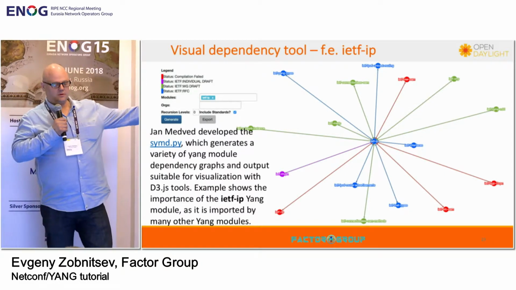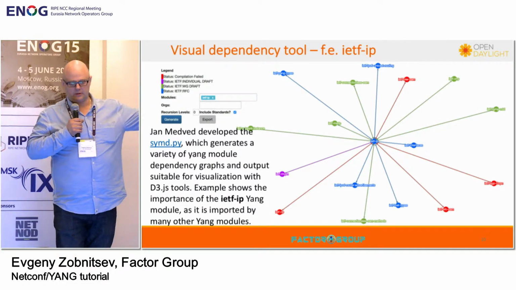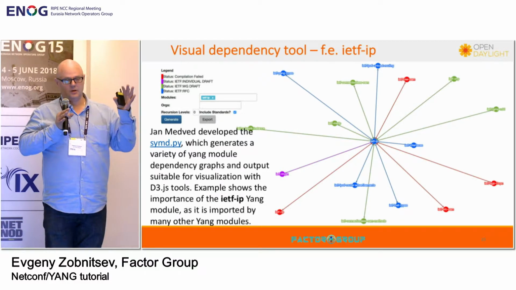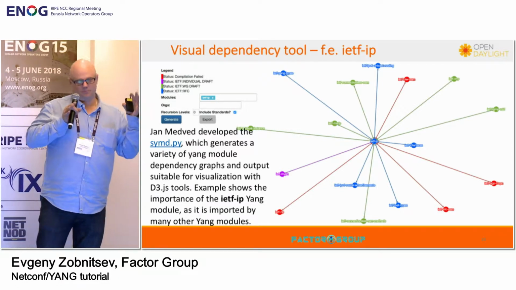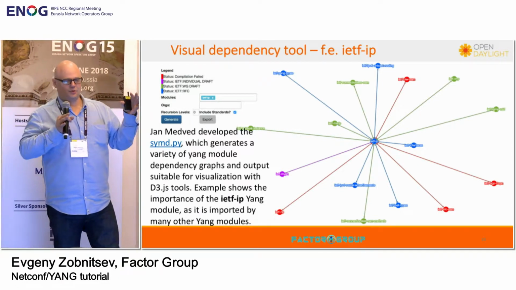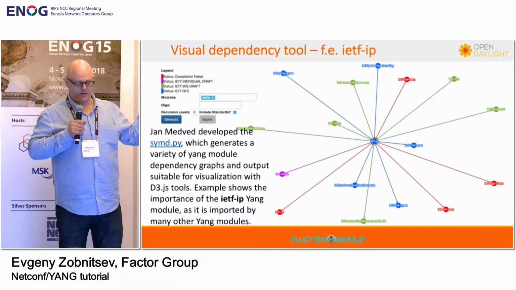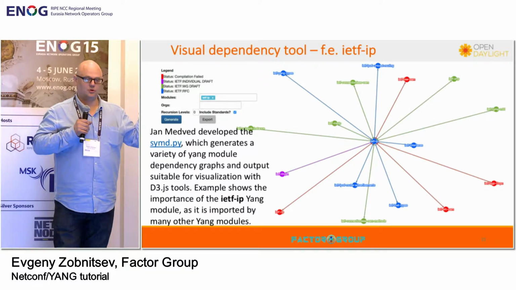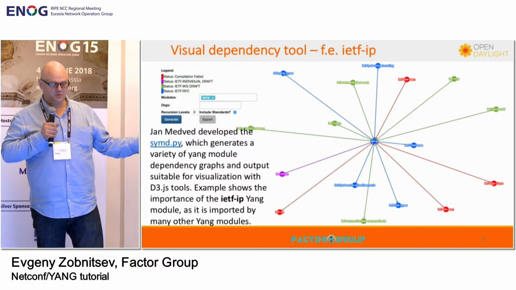All the tools are available at yangcatalog.org. If you develop new models, if you decided to make a new YANG model, I recommend to first go to yangcatalog.org. Probably it's there, and you don't have to reinvent the wheel, a bicycle.